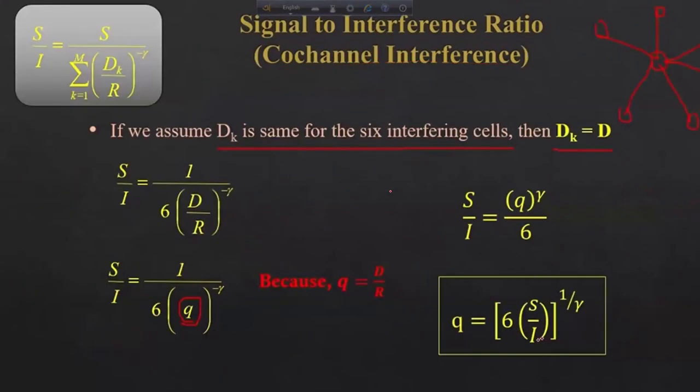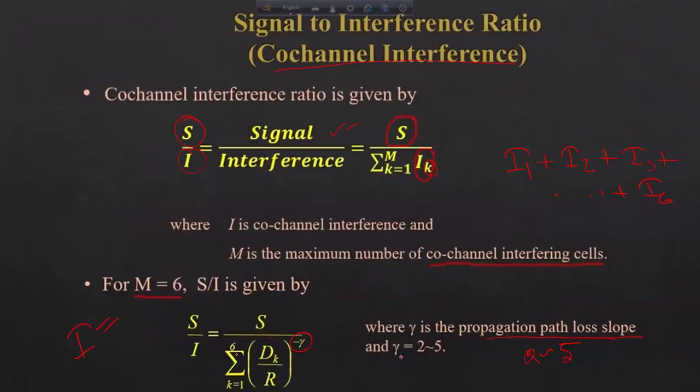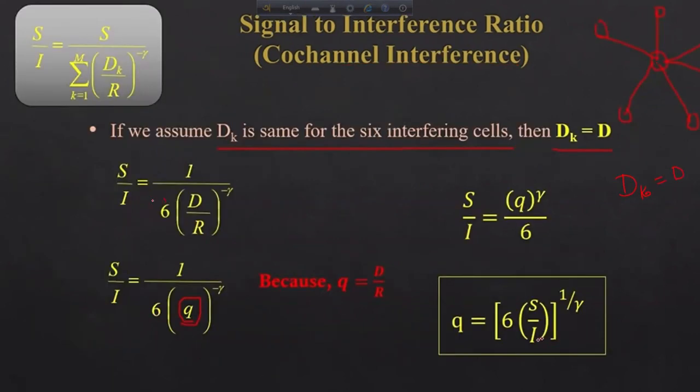So if my mobile station is on the center point, then all the distances will be equal to D, so all dk will be equal to D. So instead of this, I can write 6 into D by R. I am writing 6 into capital D by R to the power minus gamma.